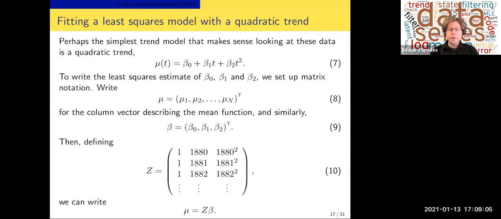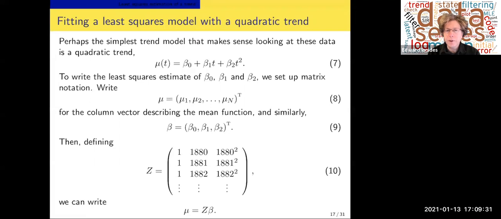Okay, so if you just look at the data, perhaps the simplest model that makes some sense is a quadratic model for the trend, where mu of t is beta 0 plus beta 1 t plus beta 2 t squared. And we want to set this up as a classical linear model, so we use matrix notation.